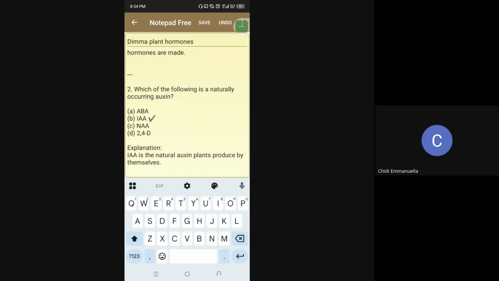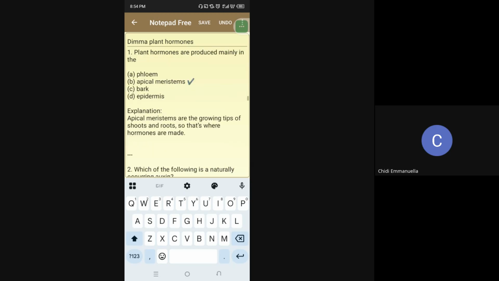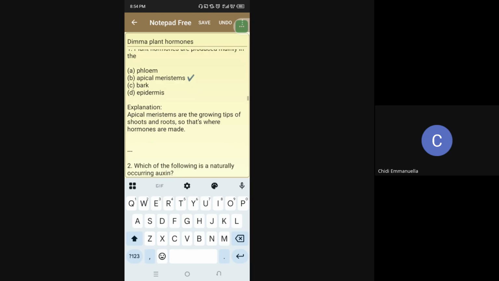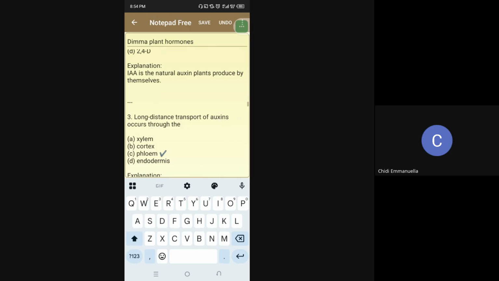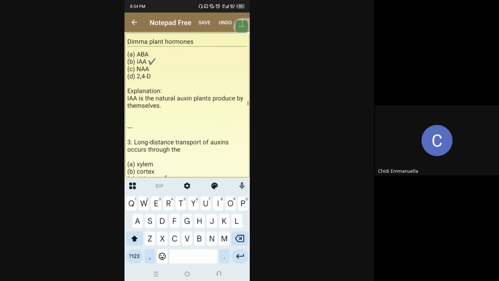Indole acetic acid. IAA is the natural auxin plants produce by themselves.